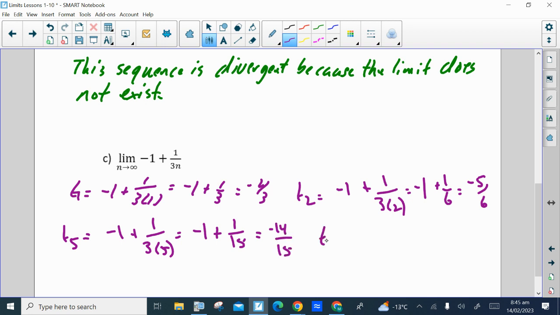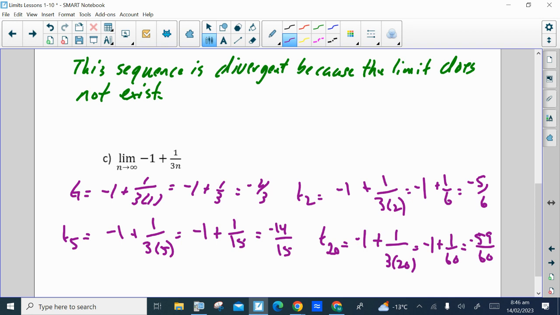If I found the 20th term, let's say, it would be negative 1 plus 1 over 60. The negative 1 we'd write as negative 60 over 60, plus 1 is negative 59 over 60.